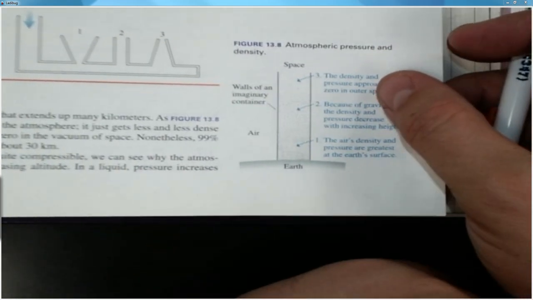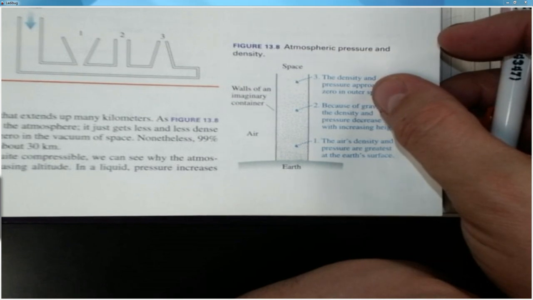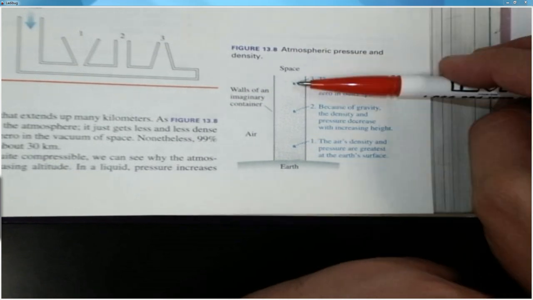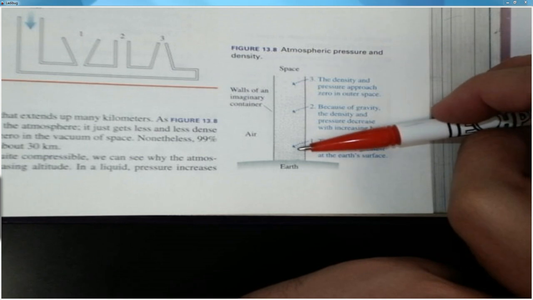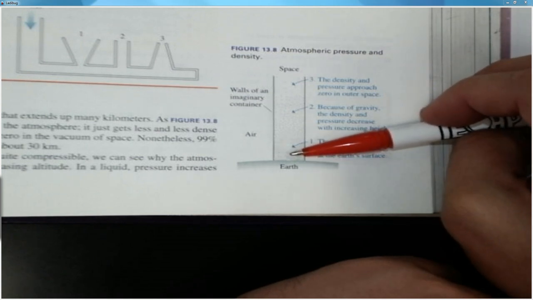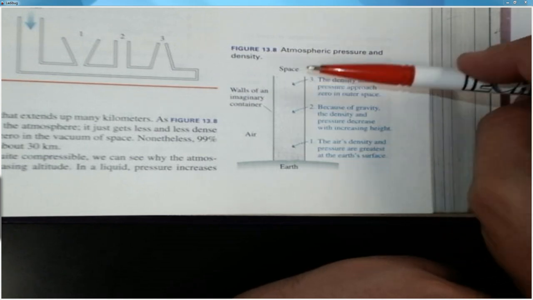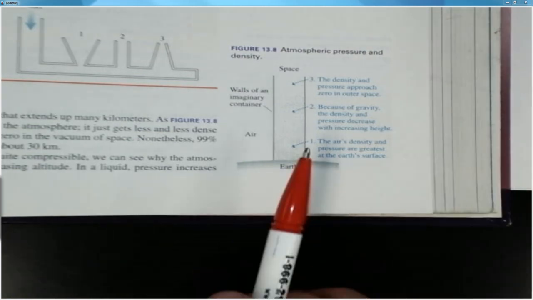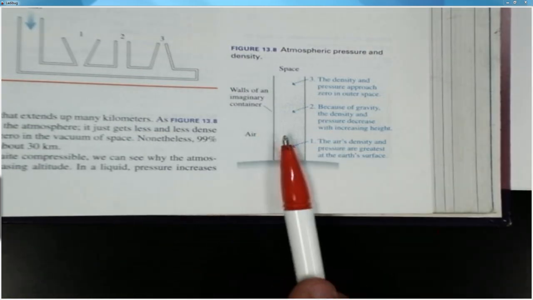Now, gas is not a liquid. Gas is compressible, and that's why this happens. You get compressed air near the bottom of the column and not compressed air near the top. If we lived on a water planet, this would not be happening.